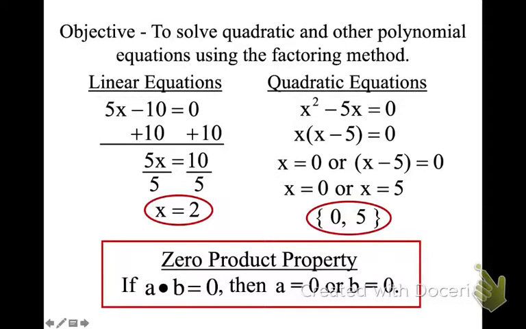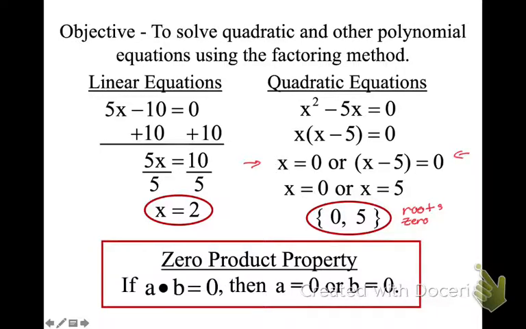And my solutions, this is what we call the solutions that we get. This is what we call our roots. They can also sometimes be called your zeros, not because it equals 0 here, but because we use the zero product property.